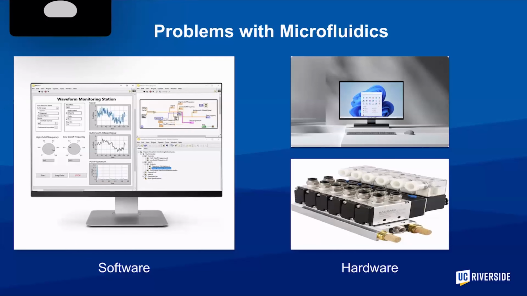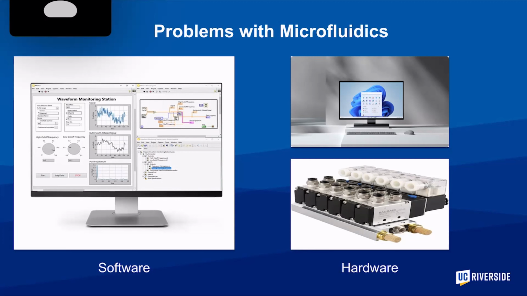But just because there are those two pros, price and speed of the reaction, there are some problems with microfluidics. One being the software. On the left-hand side, you can see we have NI, where the annual cost to purchase or use the software is around $2,500. And on the right, you can see we have some solenoid valves and a PC.